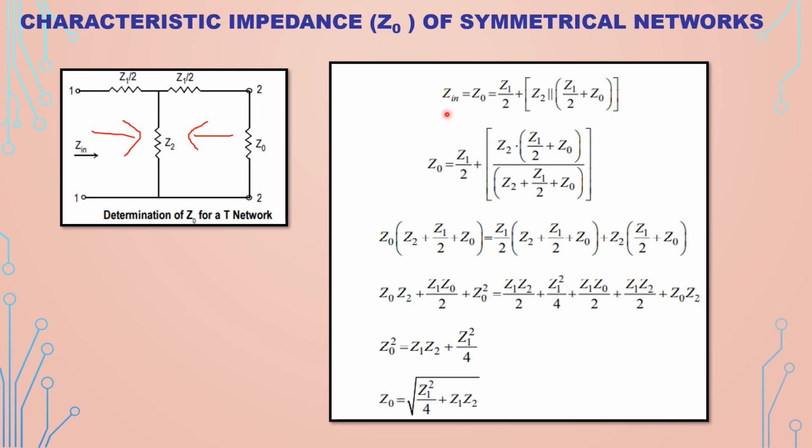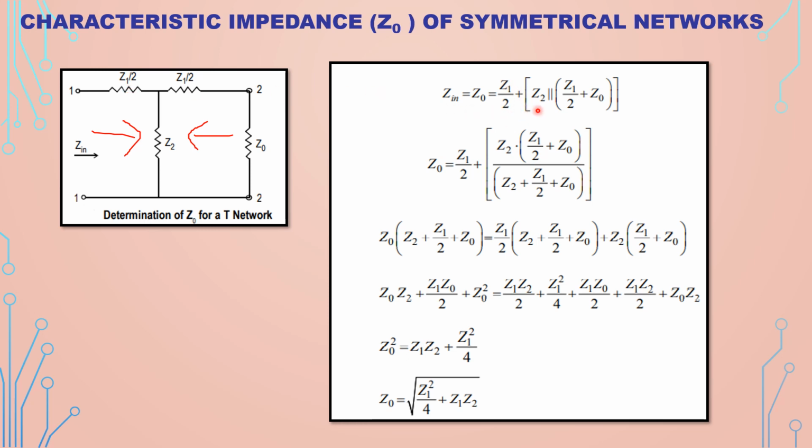So Zn is equal to Z0. How do I calculate it? Z1 by 2 and Z0, these two in series, are in parallel with Z2. This entire thing is in series with Z1 by 2. That is what is written here.